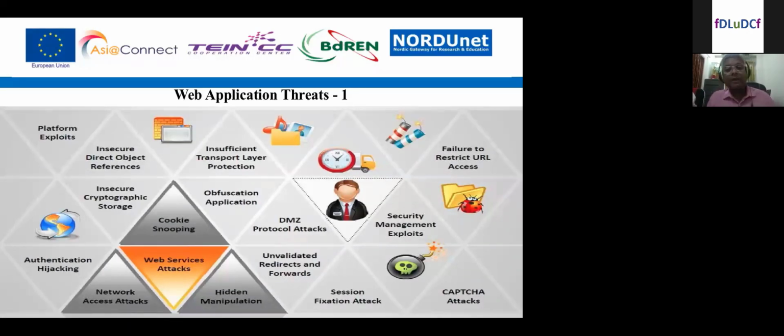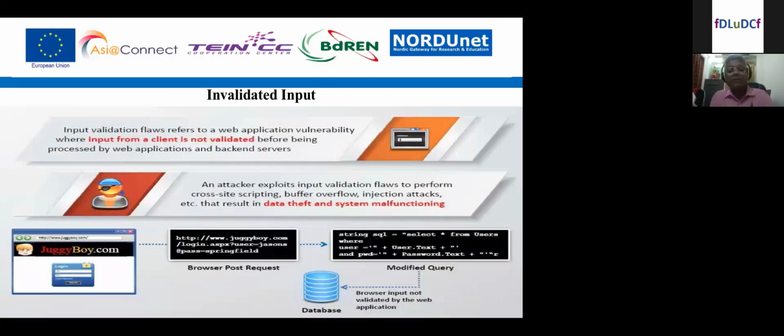Now, what is invalidated input? Invalidated input is the main flaw of web application vulnerability. For example, in the username and password, you give the wrong input, and then you get a message from the application.